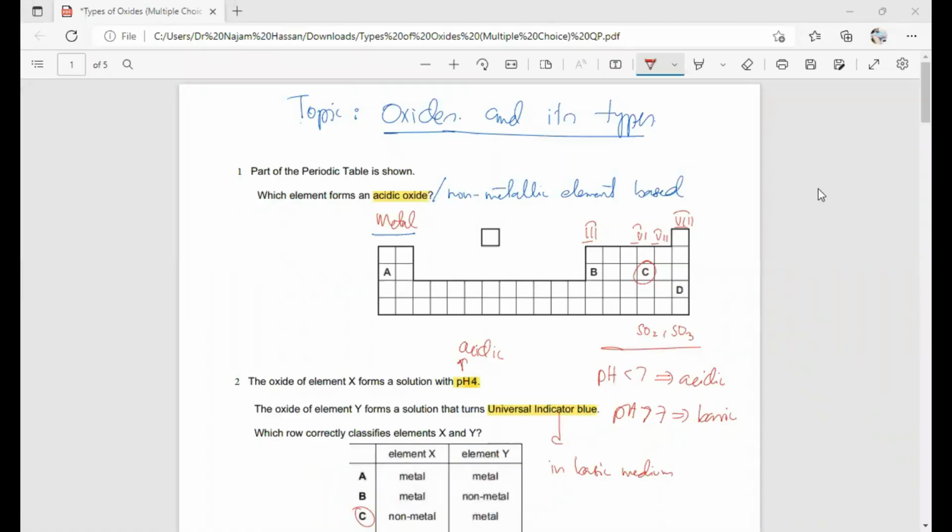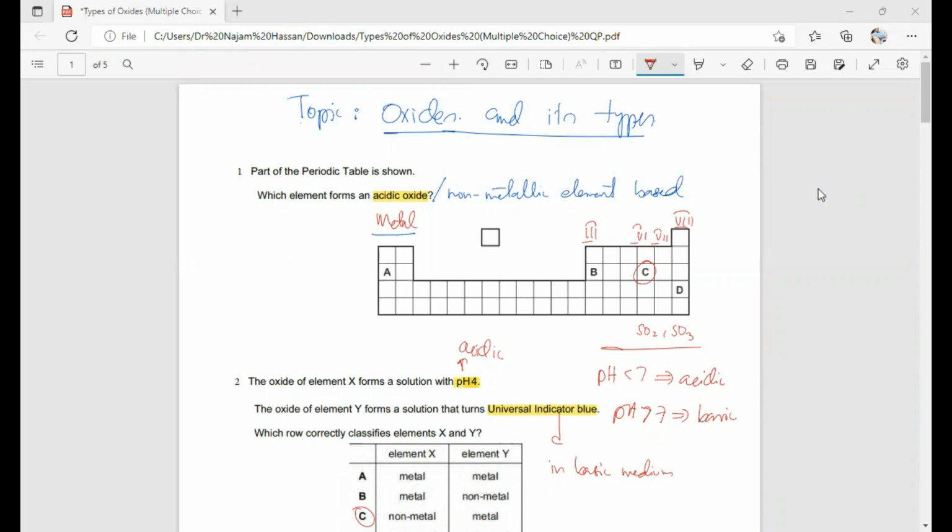Now, this is a short session on the topic of oxides and their types for the Paper 1 MCQs. So remember that we have basically 4 types of oxides. Number 1, metallic oxides, which we call basic oxides, and acidic oxides, the non-metallic oxides.